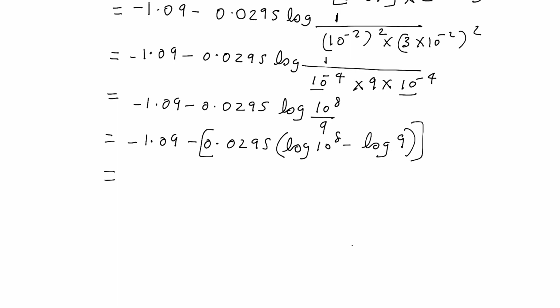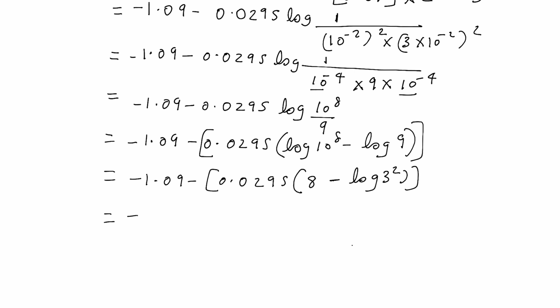Now minus 1.09 minus 0.0295 log 10 raised to 8. What is that? 8 log 10. And what is log 10? 1. Okay, you know the rule, right? Log 10 raised to 8 is 8 log 10 and log 10 is 1. So 8 into 1, 8 minus log 9 is what? 3 square.